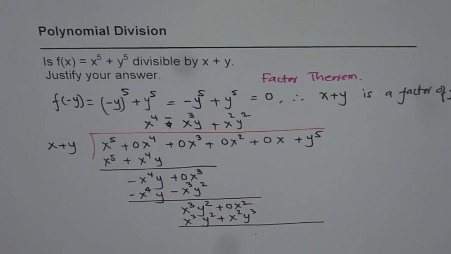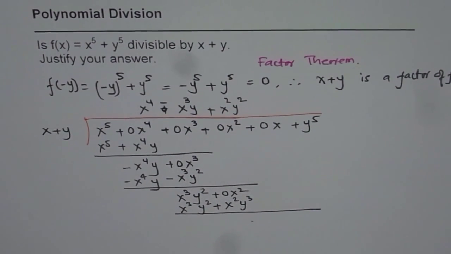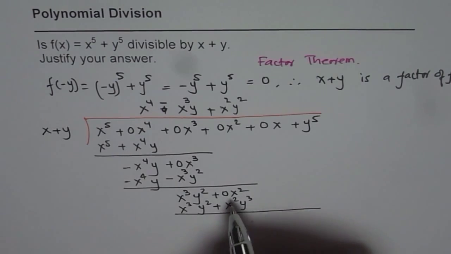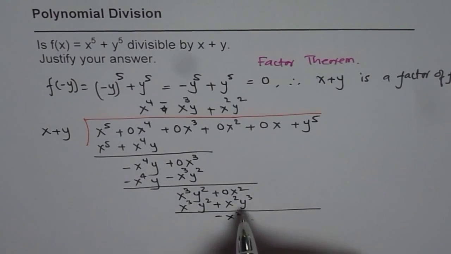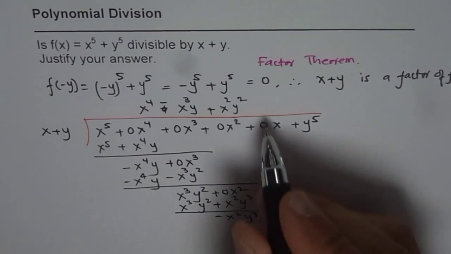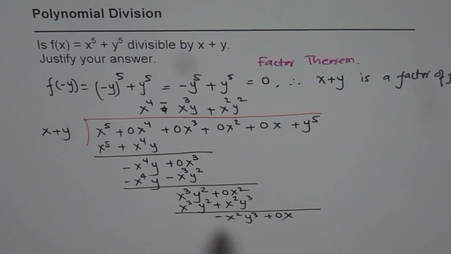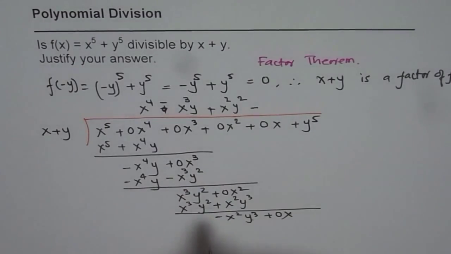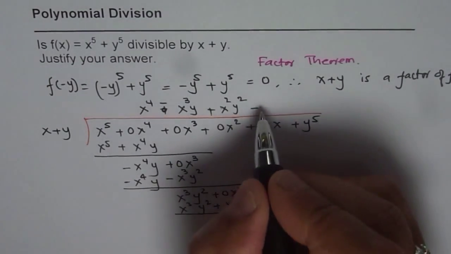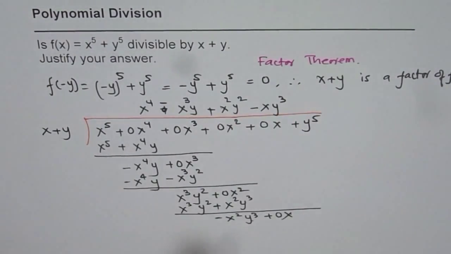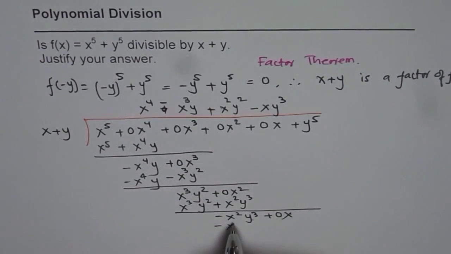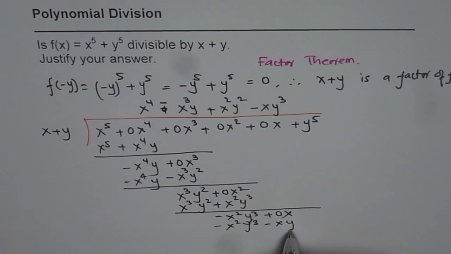So let me push the paper a bit in front. So let's continue the process. We get minus x squared y cubed, bring down plus 0x, right? And then we have to now multiply by minus xy cubed. So we get minus x squared y cubed minus xy to the power of 4.